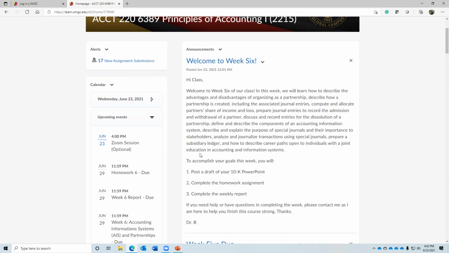So what do we mean by that? As you know, one of the requirements for the project is a PowerPoint presentation. It doesn't have to be long. It could be as short as 10 slides, thereabouts. It could be longer if you like, shorter if you like.